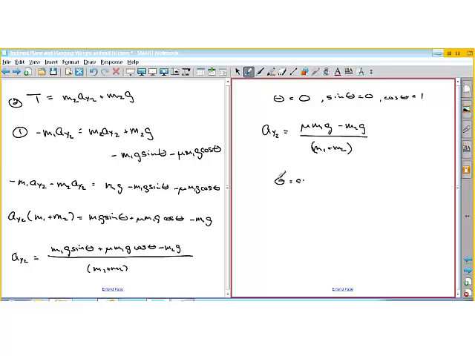If theta equals 90, the sine of theta equals 1 and the cosine of theta equals 0. So this term goes to 0, and we just end up with a sub y equal to m1g minus m2g divided by m1 plus m2.